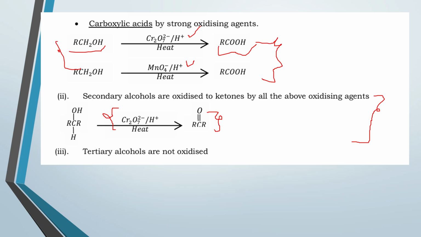So what happens is that whenever any secondary alcohol undergoes oxidation by either dichromate 6 or manganate 7 in acidified medium and we heat, we are always going to get a ketone. We do not get aldehydes, we always get ketones. So 3, we are going to also look at tertiary alcohols not being oxidized.